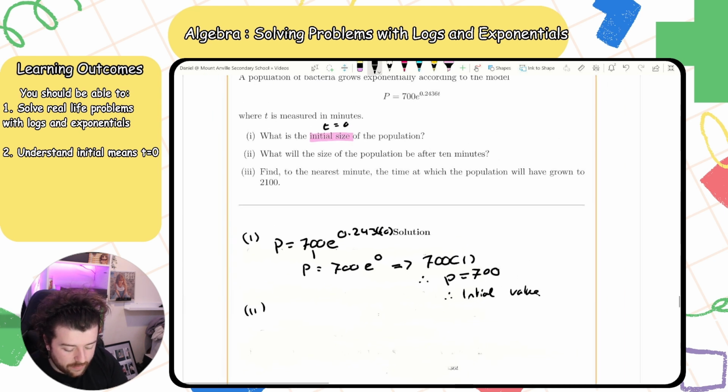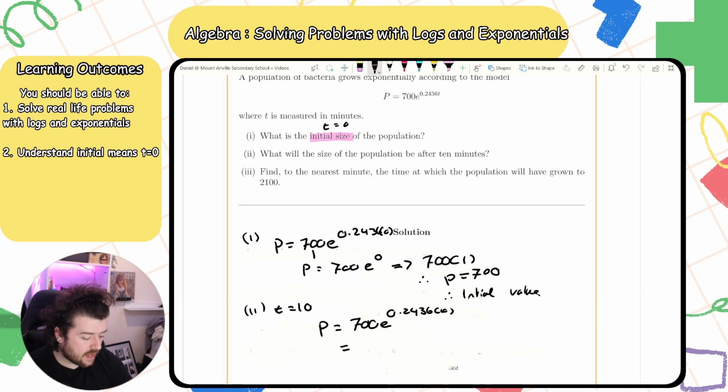Part 2: What's the size of the population after 10 minutes? Well, after 10 minutes, t is equal to 10, and we just need to sub it in. P is equal to 700e^(0.2436 times 10). Put that into our calculator. This is how you get e in your calculator.